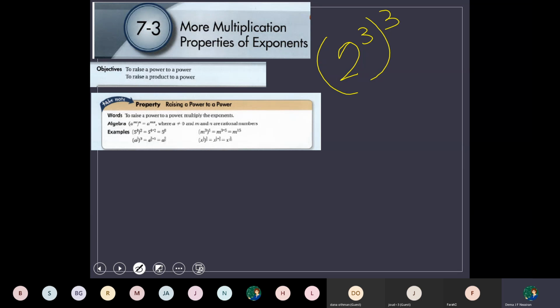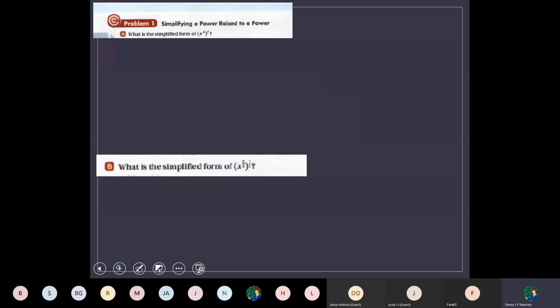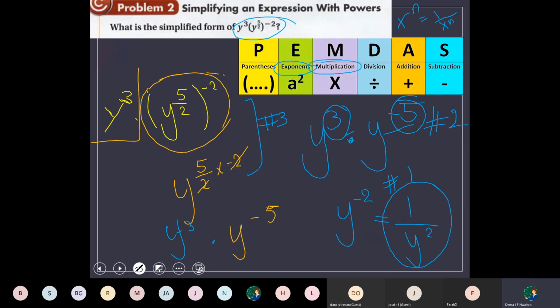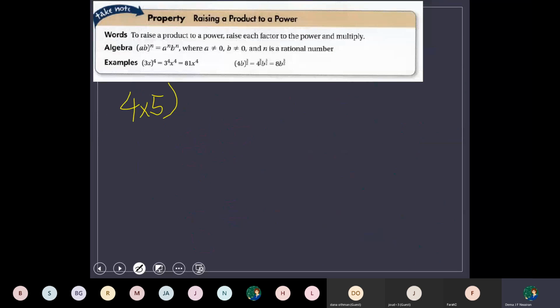In this section now, we have a product of numbers, like 4 times 5, that is raised to a power. In the first section, if we have 4 squared raised to the power 3, you say 2 multiplied by 3, so it is 6. How can we solve the product raised to a power?